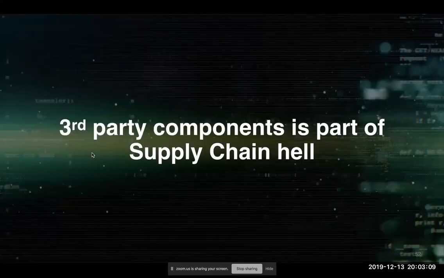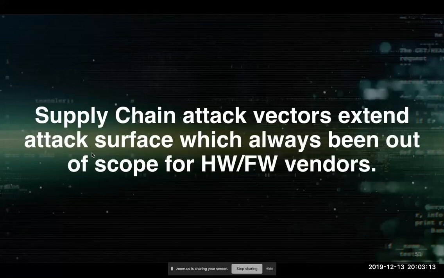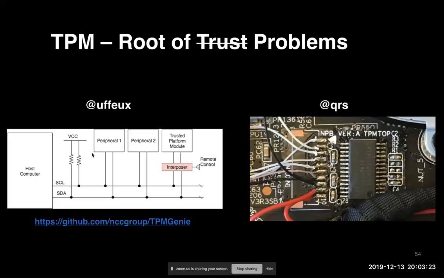Third-party components are part of supply chain hell, and we already talked about that, because supply chain attack vectors extend the attack surface, which has always been out of scope for hardware and firmware vendors. Think about the TPM. Trammell shows how we can just solder onto the LPC bus or a GPIO on the TPM chip and try to intercept or fake the signals from it.